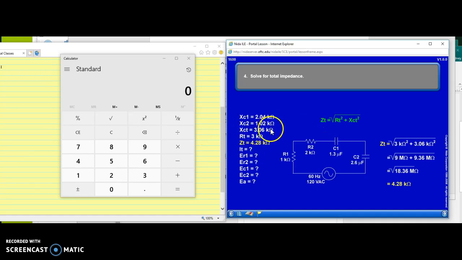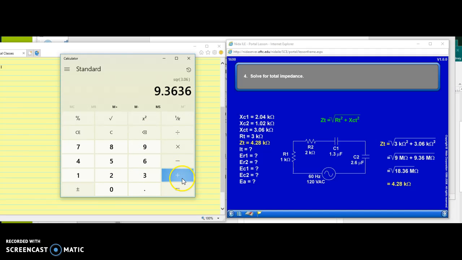RT was 3K, right? Yep. So 3 times 3 is 9. So our total squared is 9. Now we've got to do X of C. 9's easy to remember, so I'm going to clear the calculator. I'm going to take X of CT, which is 3.06, and we're going to square it.